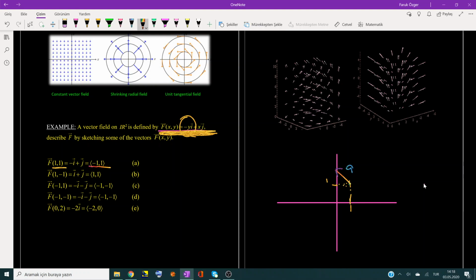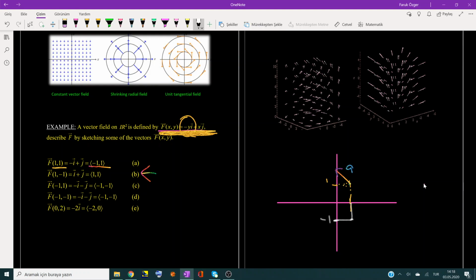For the point B, we have the vector 1, 1 at the point 1, minus 1. This is the point 1, minus 1. At the point 1, minus 1, we have 1, 1.